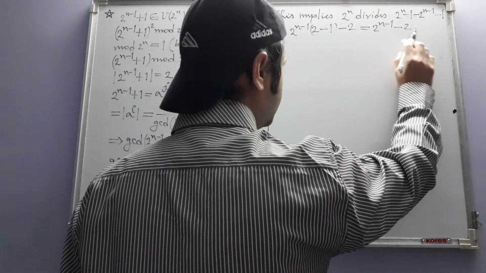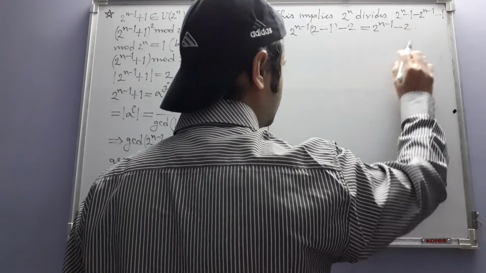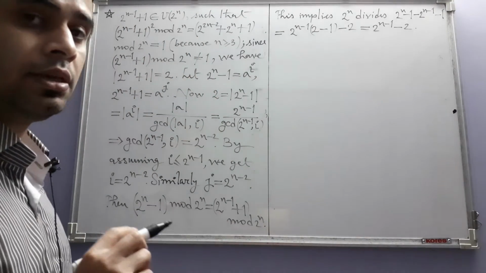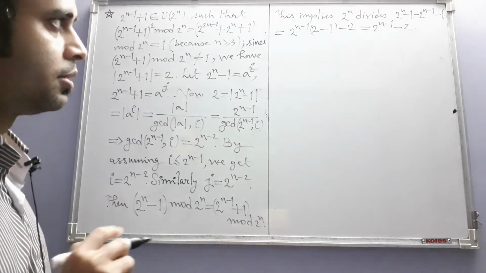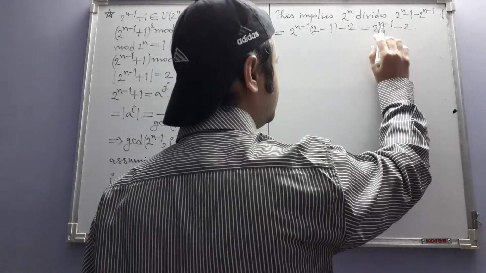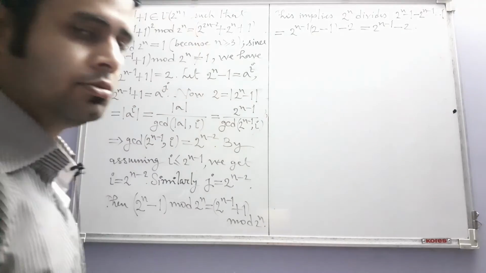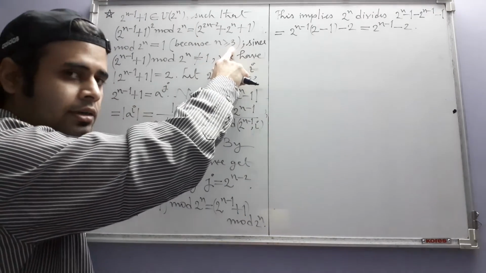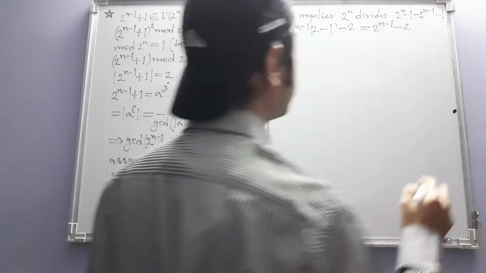So the only case in which this can possibly be divisible by 2 to the power n is when it is equal to 0. But that can happen if n is equal to 2. But that is not the case because n is greater than or equal to 3.